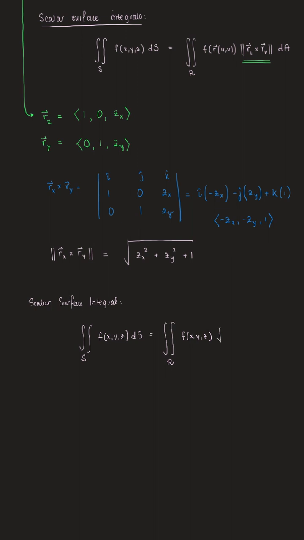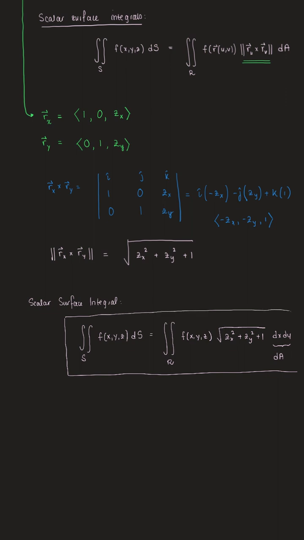And then we're multiplying by the square root of partial of z with respect to x squared plus partial of z with respect to y squared plus 1, dx dy or dy dx, whatever this may be. We'll call that a dA. And that is a scalar surface integral for an explicitly defined surface.